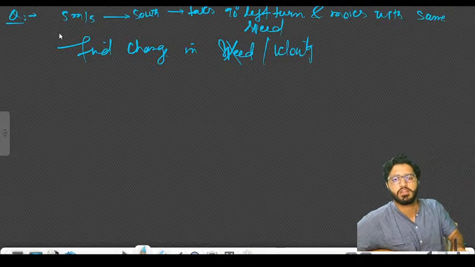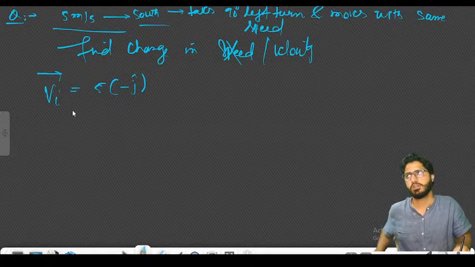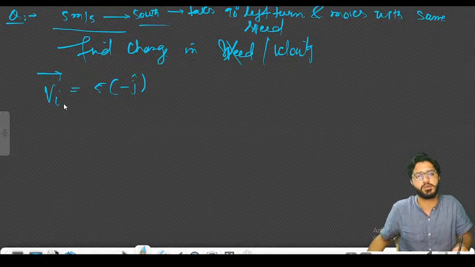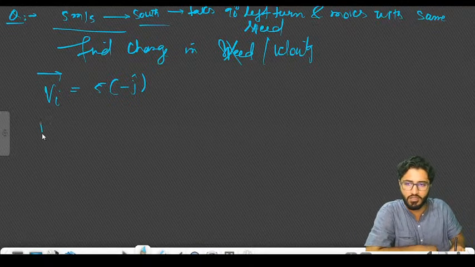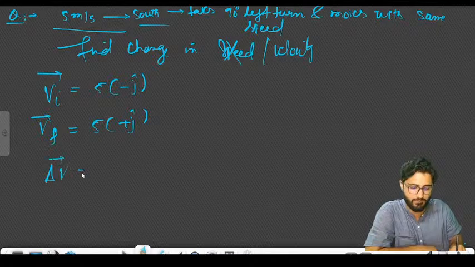It is 5 meters per second south. South means minus j. Initial velocity is 5 times minus j cap. Then it takes a 90-degree left. Left means east. Finally, it is 5 times plus i cap. What is delta v? V final minus v initial.